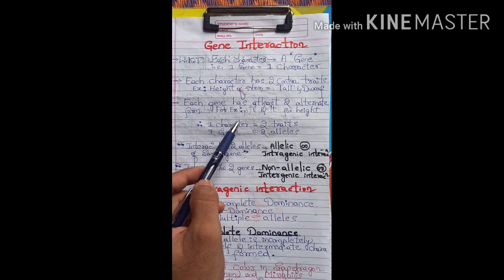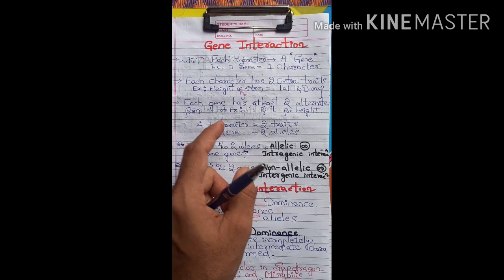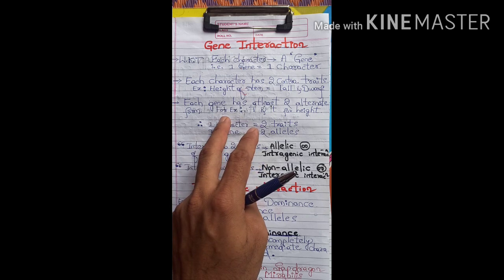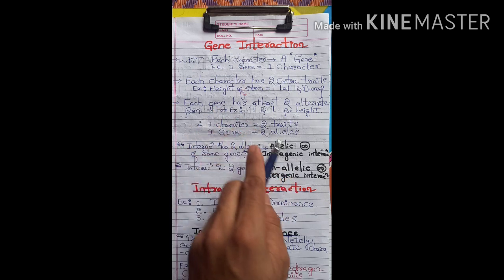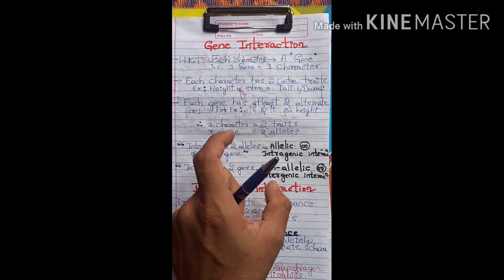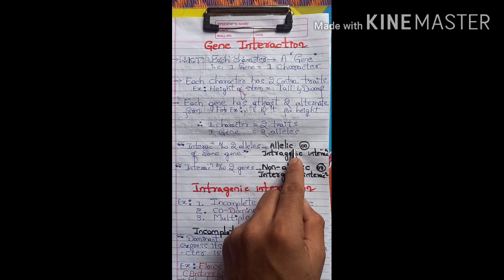Some students again have a doubt, so I will tell you one general example. Imagine a family. When the fighting takes place between 2 brothers of the same family, it is nothing but an allelic interaction. Both belong to the same family, so generally I can say that it is allelic interaction.